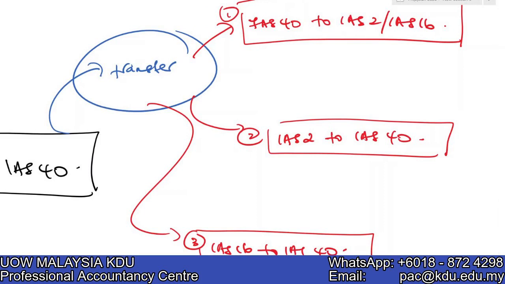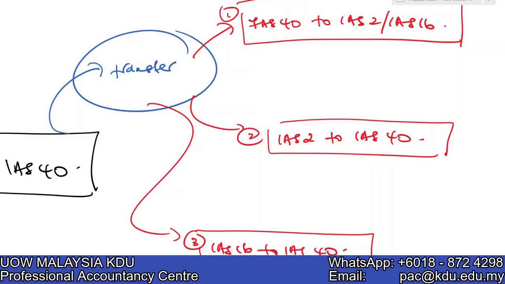So there are three scenarios. If I am changing from investment property to inventory or PPE, now, if it's investment property, it will be at what value? Investment property is always at fair value. Is that right? IAS 2 or IAS 16 will be at what value? So if I change from investment property to IAS 2, at the date of change, what value should I take?